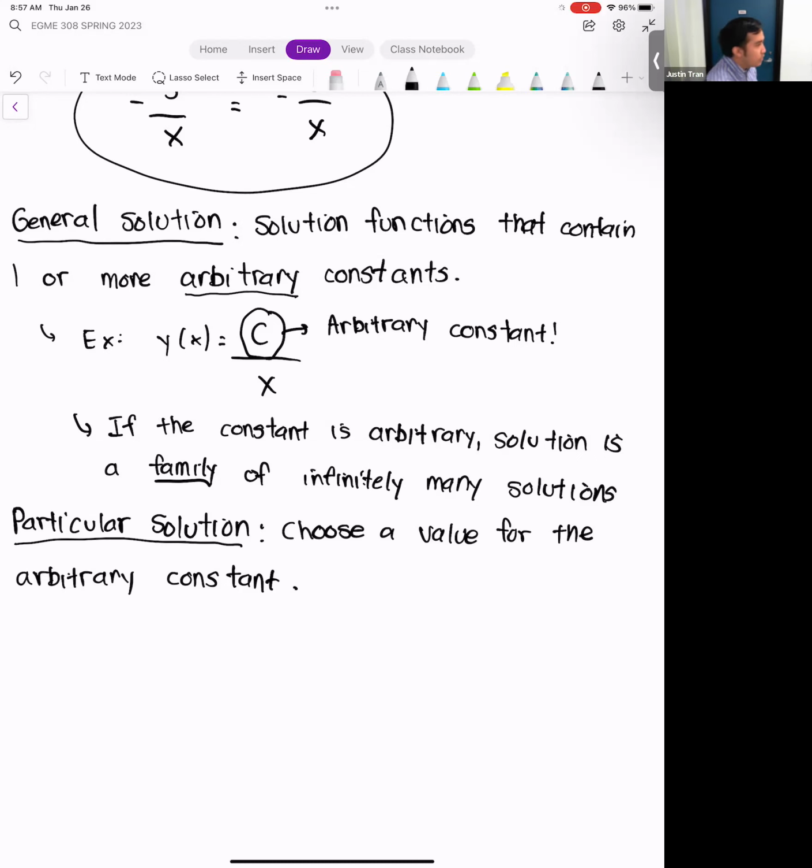The way that we usually obtain a particular solution is that we take our general solution and we apply what's known as either a boundary condition or an initial condition to our solution.